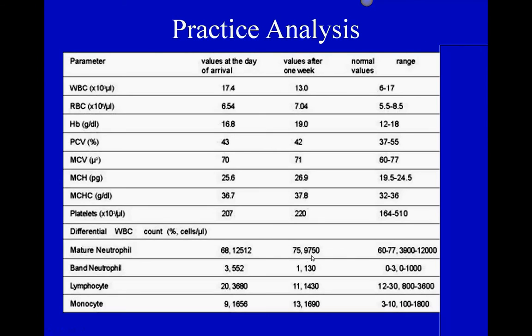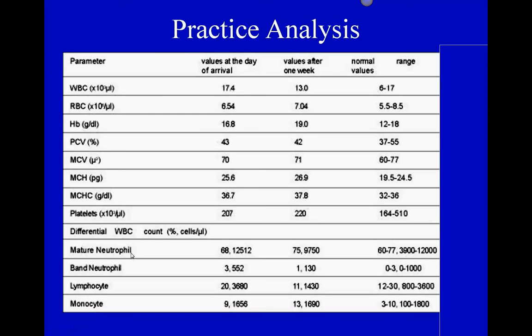The next thing we do, this does concern us, is your neutrophils have actually increased instead of decreased. They are within their normal range, but we seem to have a lot of those neutrophils. This is not a right shift because it's not an increase above normal in those neutrophils.